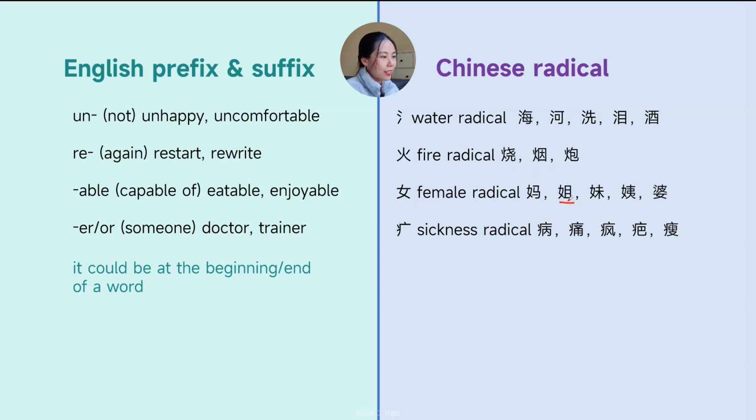And 姐姐, 姐 means big sister. And this one is 妹. 妹 means small sister, little sister. And this one is 姨, which means aunt. And this one is 婆, which means grandma. See, all of these have the female radical, and they are all related to female.